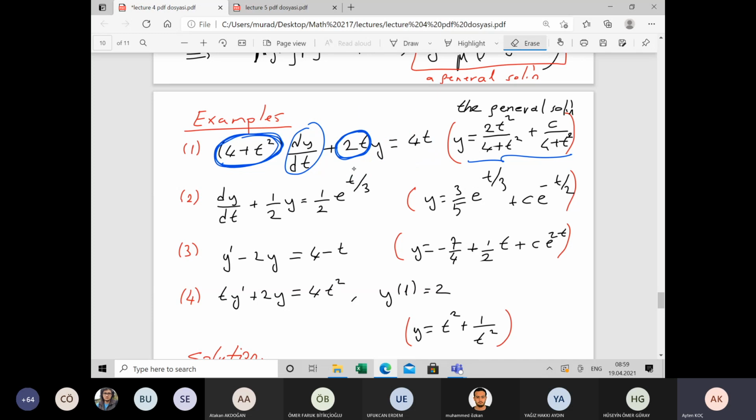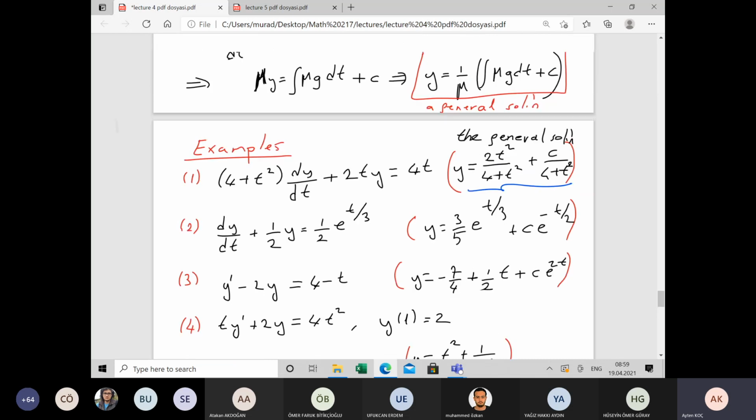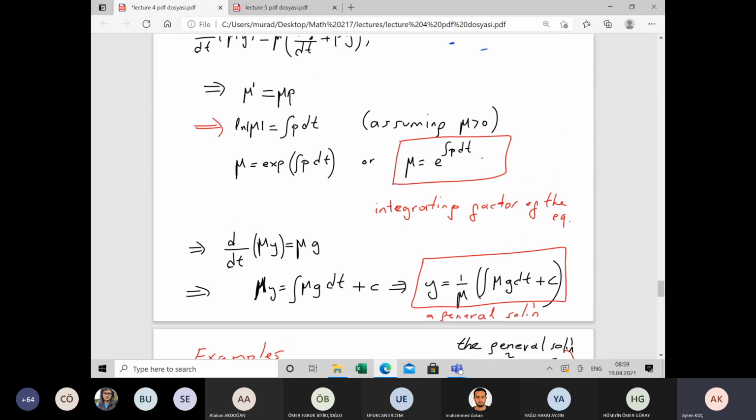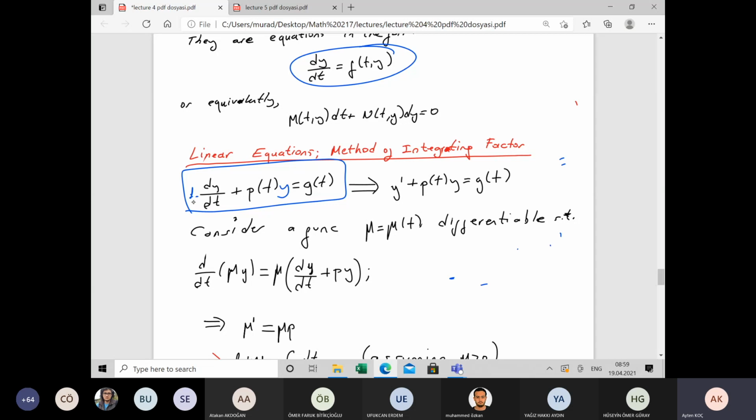So we know how to solve this type of equation, using the integrating factor mu, multiplying by mu and solving for y. But be careful here. Our differential equation should be in this form, where the coefficient of y prime should be 1. Be careful.